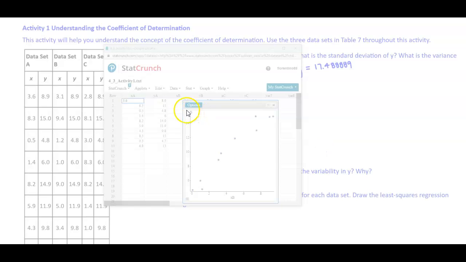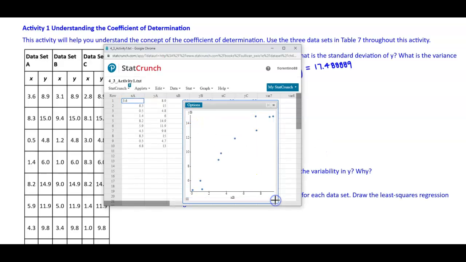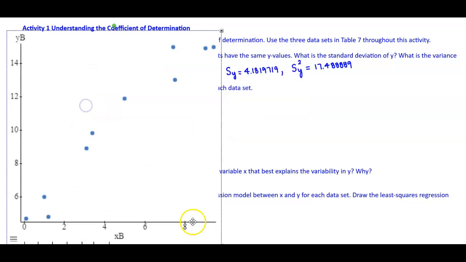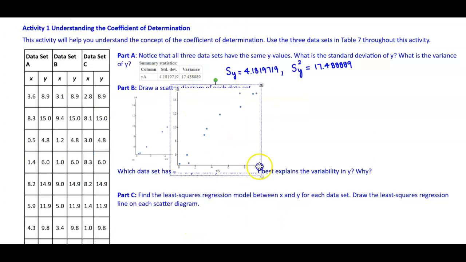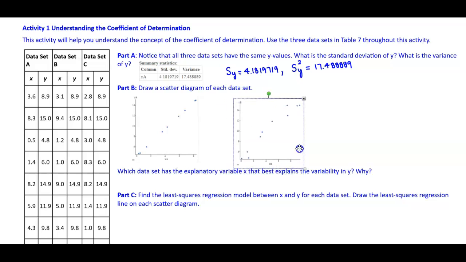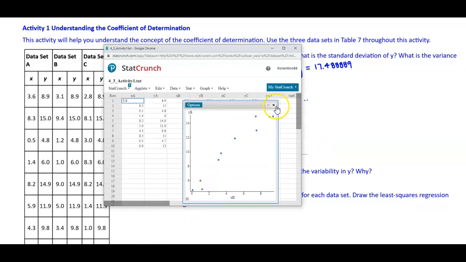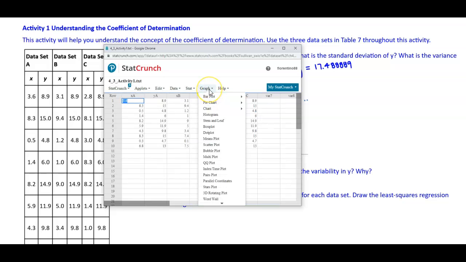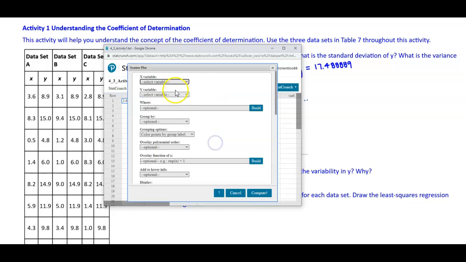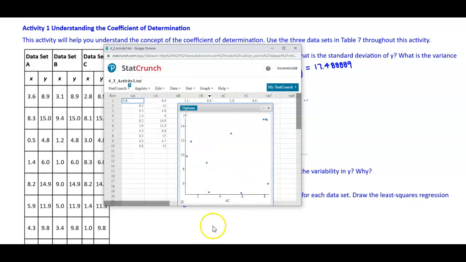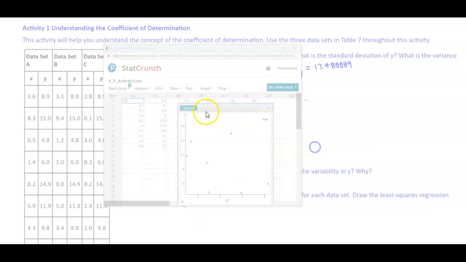And there is our scatter plot for data set B. Then let's do the last one, which is data set C. We select scatter plot, select the X values for data set C and the Y values for data set C, and then graph those.